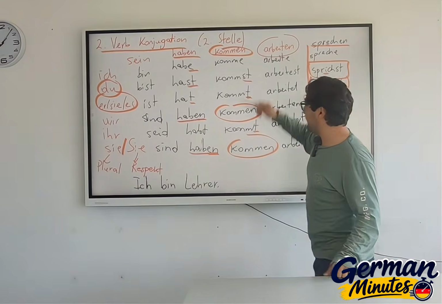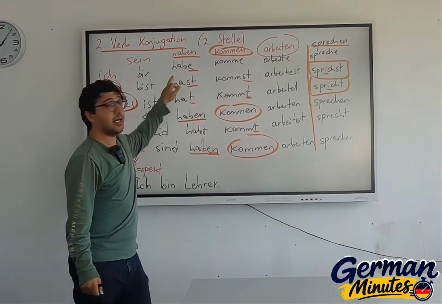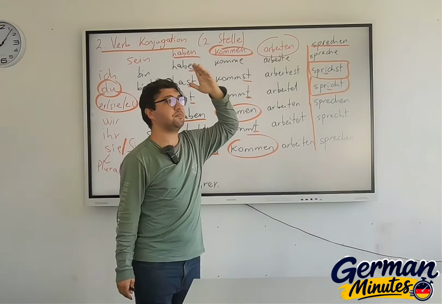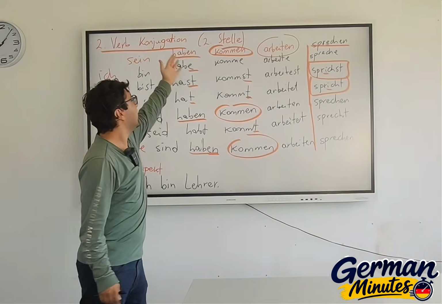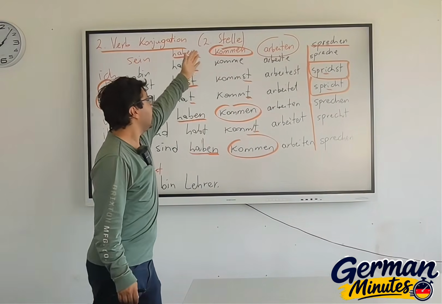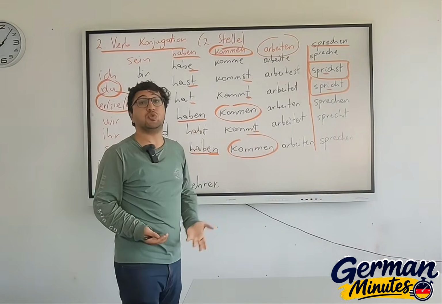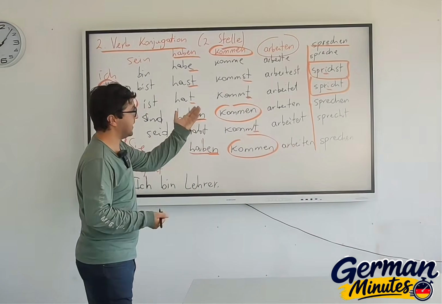When we say, for example, we said ich bin Lehrer. We can say ich habe, as we said, ein Auto, ich habe ein Haus, ich habe eine Wohnung. Ich komme, for example, ich komme aus Azerbaijan. Woher kommst du? Where are you from? And you say, ich komme aus as well. Same structure.